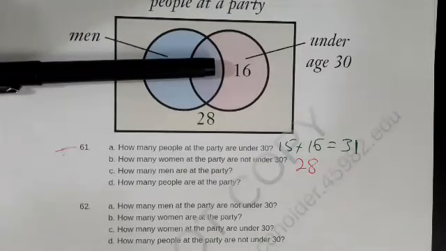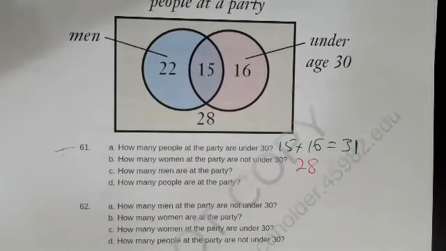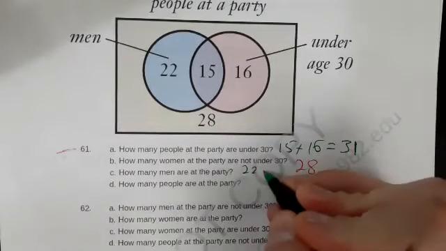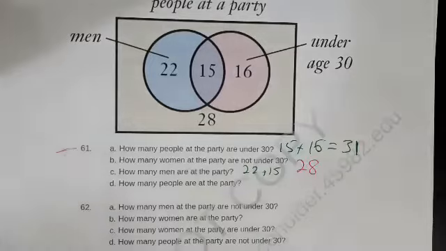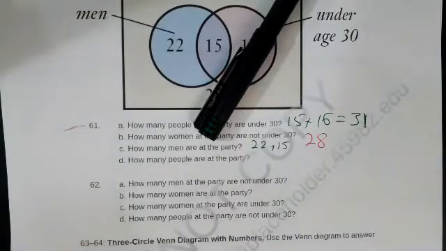How many men are at the party? What numbers am I grabbing there? 22 and 15. Yeah, I picked 22 and 15 too. That blue circle, 22 and 15.